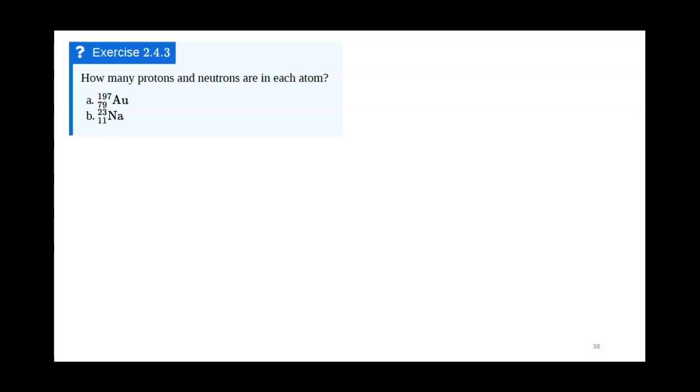So here's another problem from the book where we're asked to calculate the number of protons and the number of neutrons in each of the following. And we don't really need a periodic table for answering this. We just need to take note in each case of the atomic number and of the mass number.